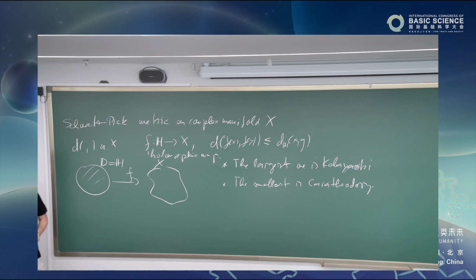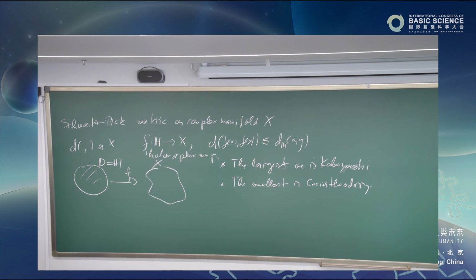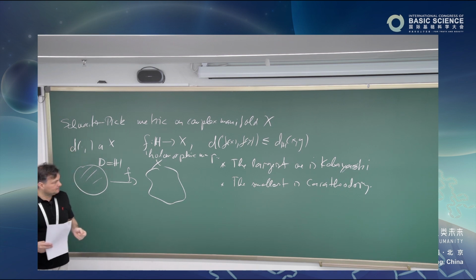Since I'm treating this more like a colloquial talk, and there are students, let me give examples. In the case of some complex manifolds we know, like Riemann surfaces, you can easily compute these metrics on every Riemann surface.